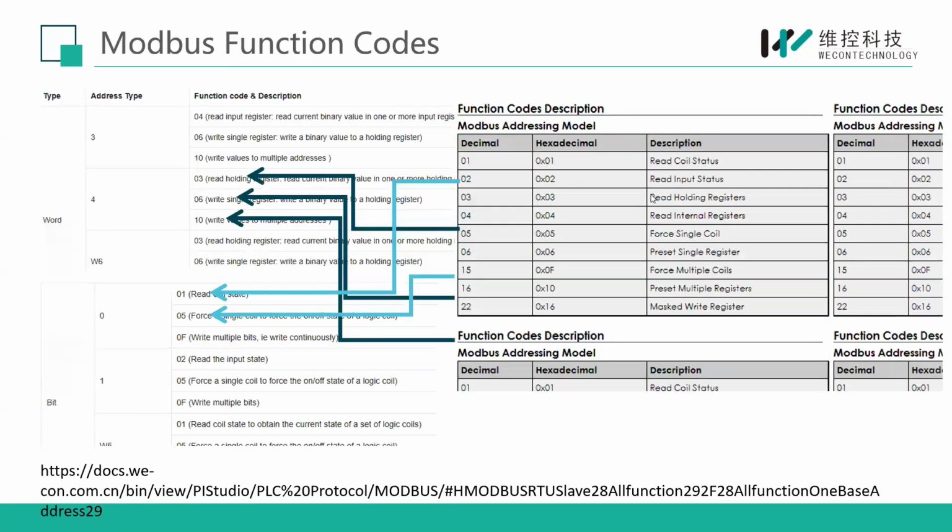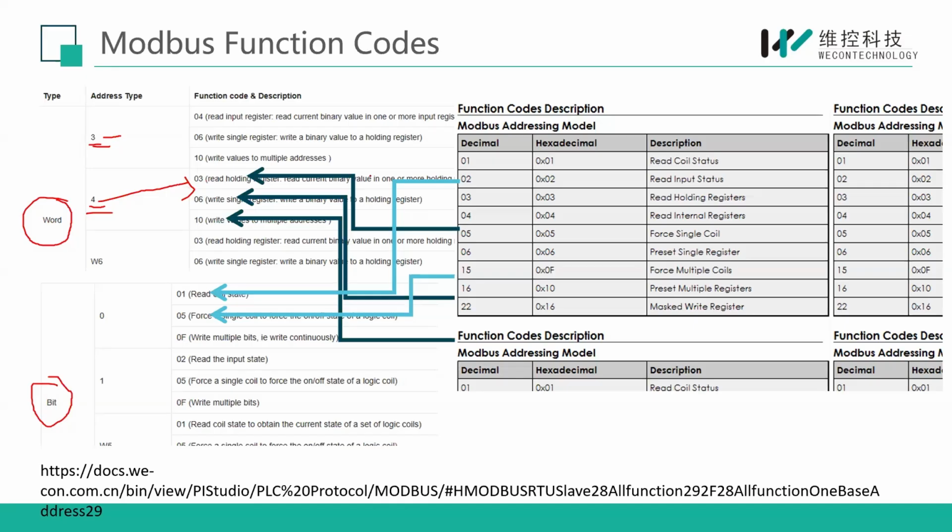So the second one: these are the Modbus function codes which we are using in our HMI. Here you can see the first one is read coil, read input data and all. According to that, let me show you. This part is for bit addresses and this part is for word addresses. Whenever you use the holding register, we have to set this 4 number on our HMI side, and the third number is for the input register side.